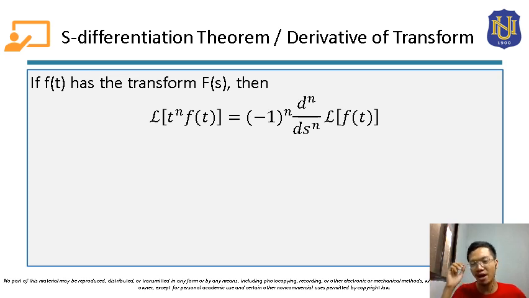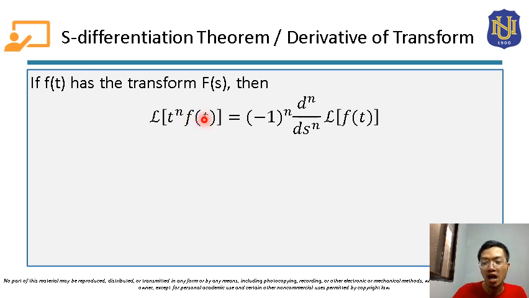Okay, so to simplify this, let's say our given is the general f of t, and it is a product. If it's a product and one of the components of that product is t raised to n, and the other component is f of t, let's say f of t is any function.